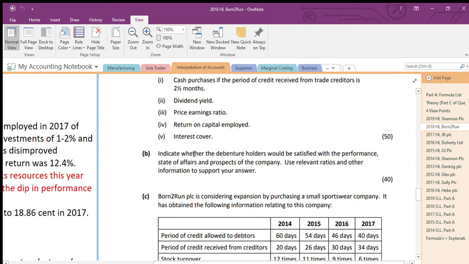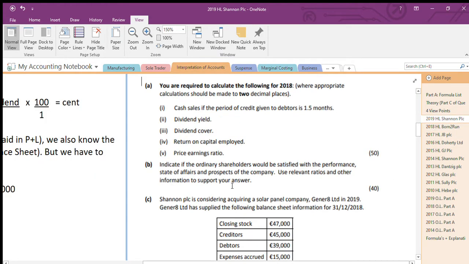At the bottom here, you're asked to indicate whether the debenture holders would be satisfied. So here you're asked whether the debenture holders, and for 2019, you're asked whether the ordinary shareholders. And that changes things. So there's actually 4 different things they can ask. They'll ask you if the ordinary shareholders will be happy. They'll ask if you would like to purchase new shares.